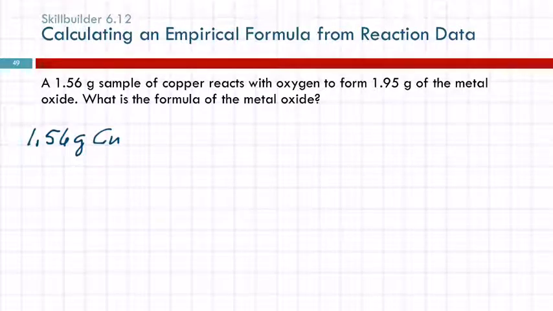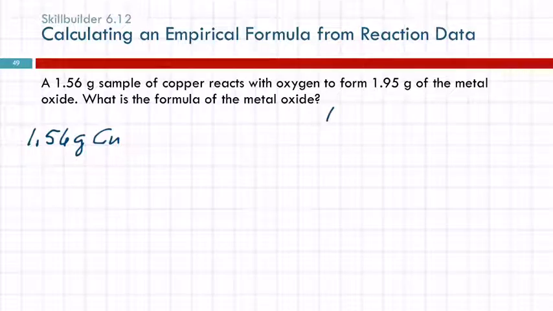Are there 1.95 grams of oxygen? No. They're trying to trick you. They're saying the whole sample with the copper and the oxygen together is 1.95 grams. What's the mass of the oxygen? It's the difference.